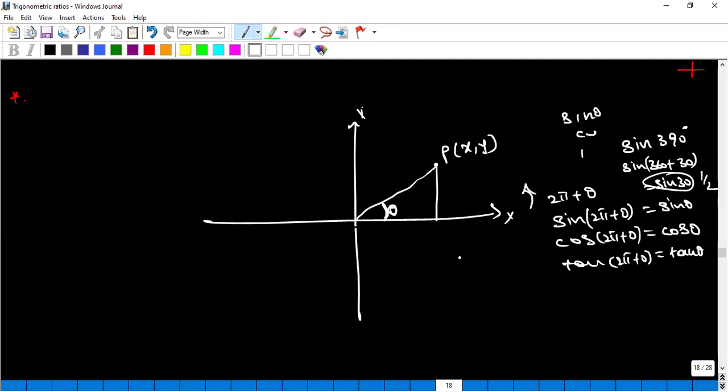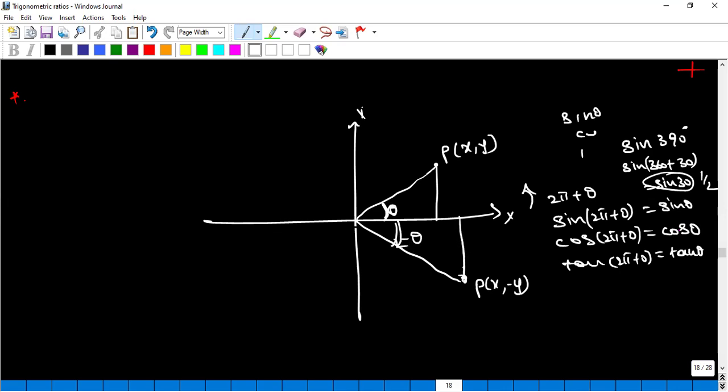What if you have a point over here, P of x comma minus y? First join the point to the origin, find out the theta. It will be negative because you are going in a clockwise direction.